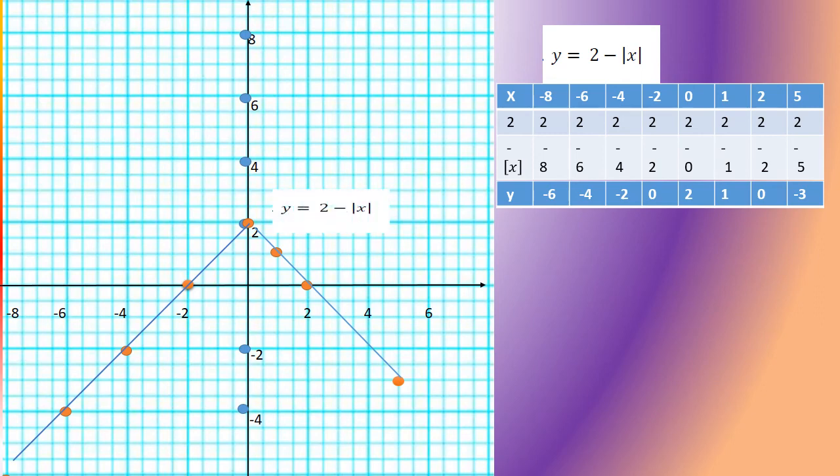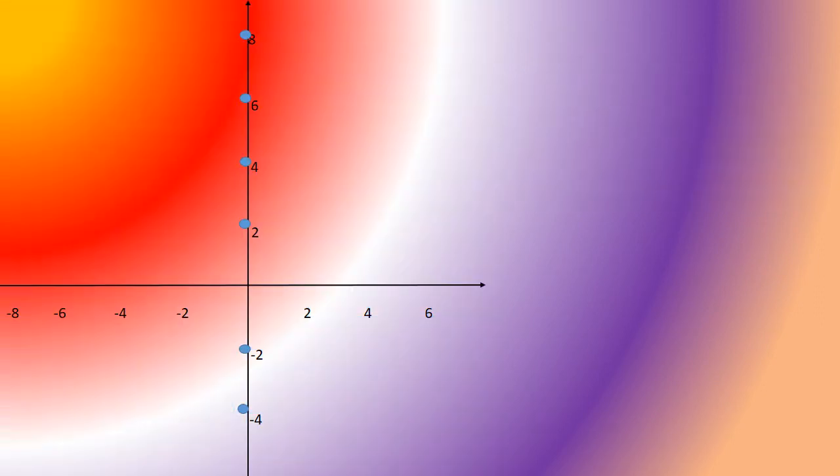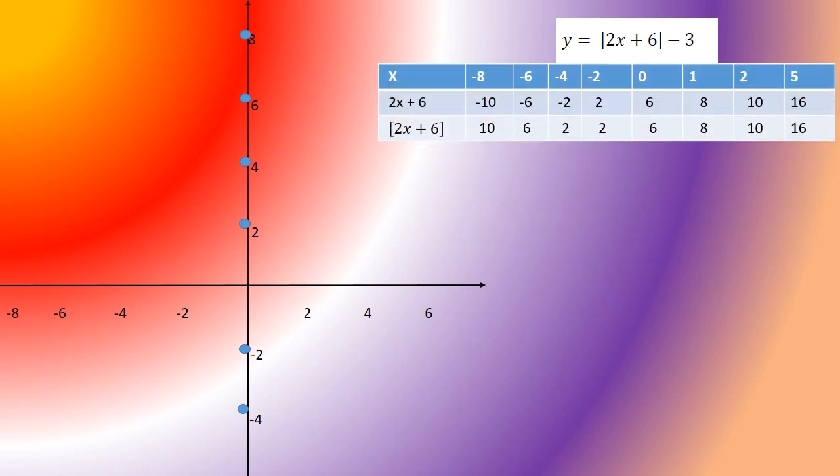So you also, in this sum, y equals modulus 2x plus 6 minus 3. Let's prepare the table. Taking the x coordinates, minus 8, minus 6, minus 4, minus 2, 0, 1, 2 and 5. We substitute it into the equation 2x plus 6.